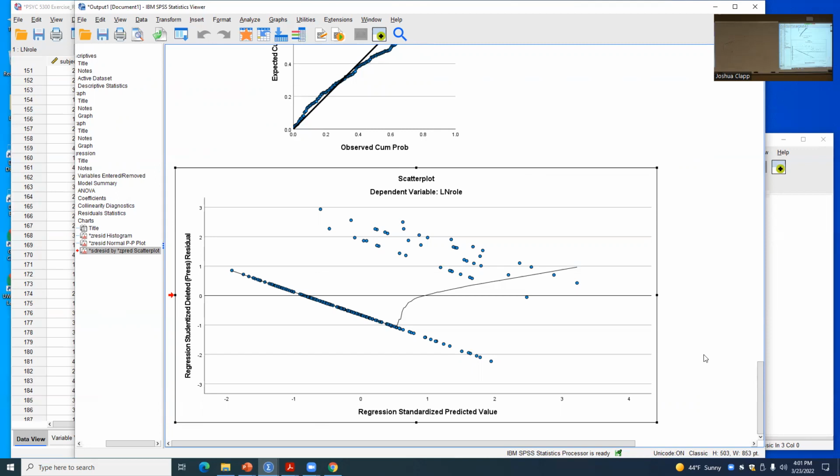So probably what I would be considering is some non-normality in our residuals. We want normally and identically distributed residuals. I think our residuals are identically distributed and probably not heteroscedastic.